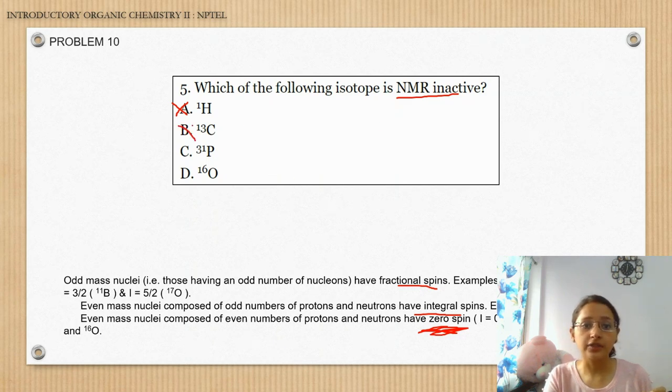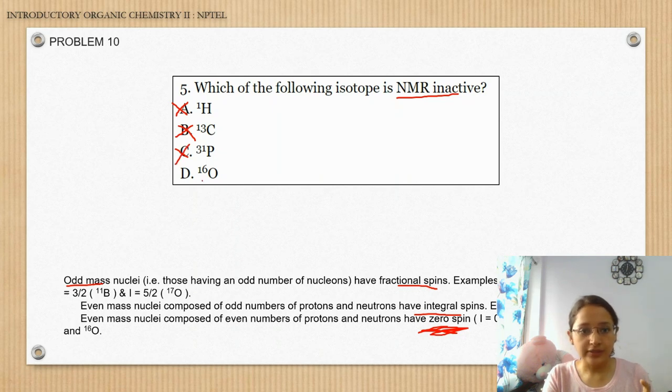It is NMR active. For 31P, it has an odd mass number, and we have discussed that odd mass nuclei are not NMR inactive, guys. So please keep in mind that 31P is not the answer. It is not NMR inactive.